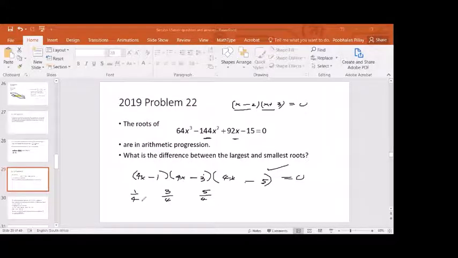And the question is, what is the difference between the smallest and the largest? The smallest is a quarter, the largest is 5 over 4, and the difference between the smallest and the largest is 5 over 4 minus 1 over 4, and that's 4 over 4.